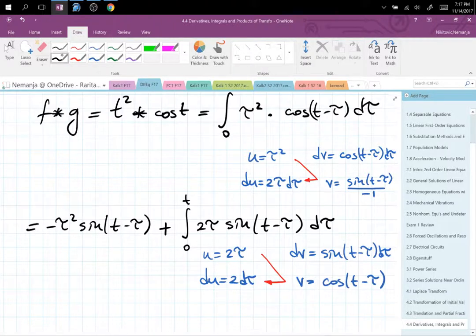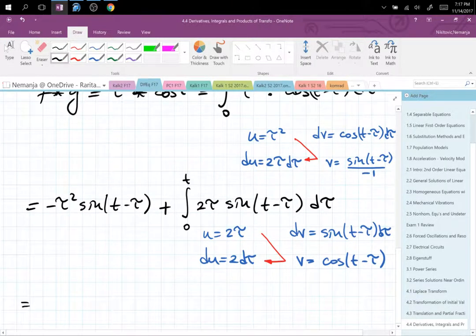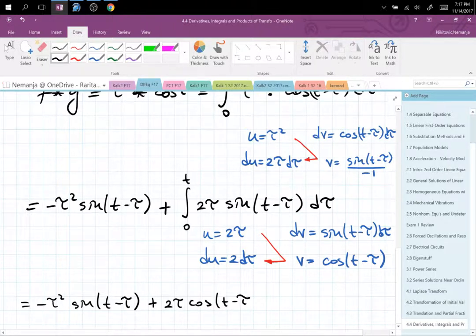So the minus will survive this time: negative tau squared sine of t minus tau plus 2 tau cosine of t minus tau for the first part, and then minus the integral of 2 cosine of t minus tau d tau from 0 to t.